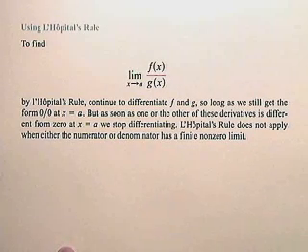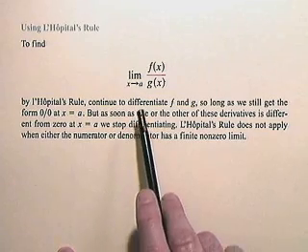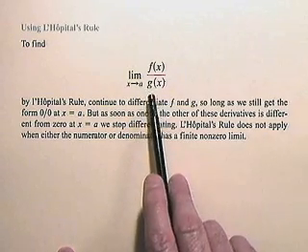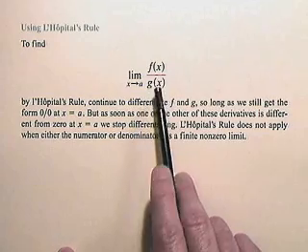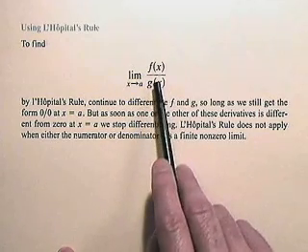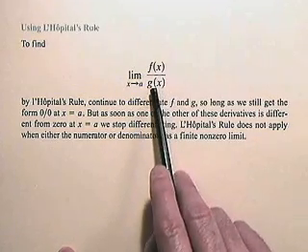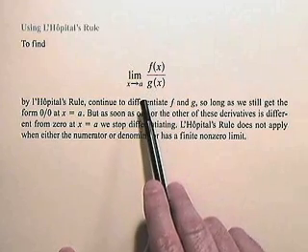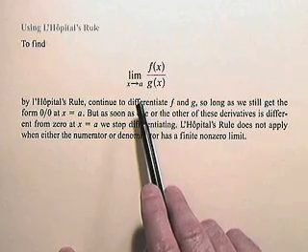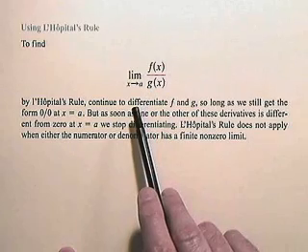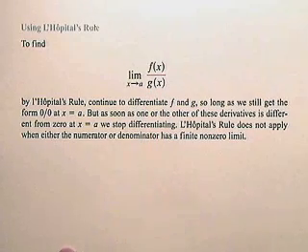That's one of the most common mistakes that students make: they get used to applying L'Hopital's rule to indeterminate forms, and then they're suddenly dealing with a limit which is not an indeterminate form, and they try to apply L'Hopital's rule. In fact, if it's not an indeterminate form, L'Hopital's rule is virtually guaranteed to give you the wrong answer, so don't make that mistake.